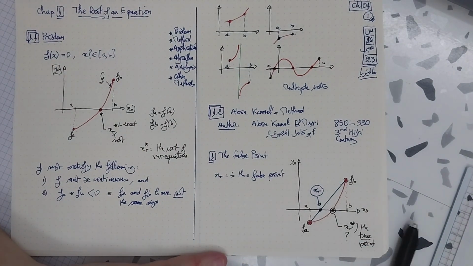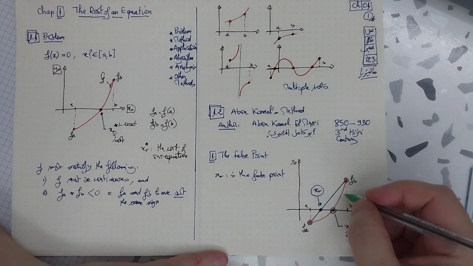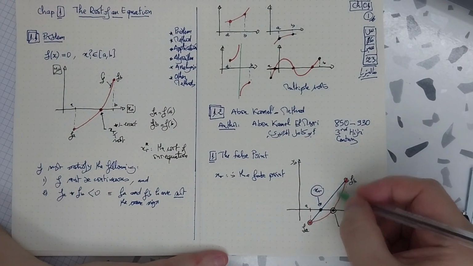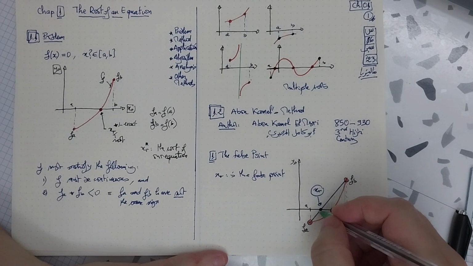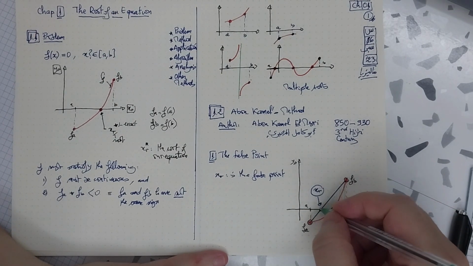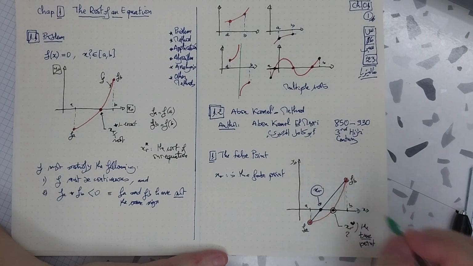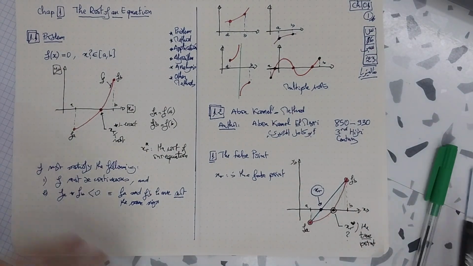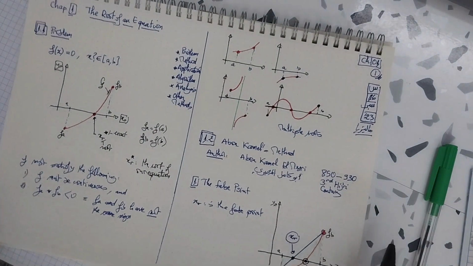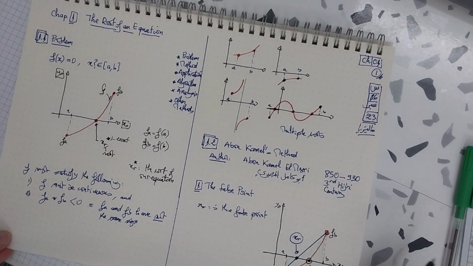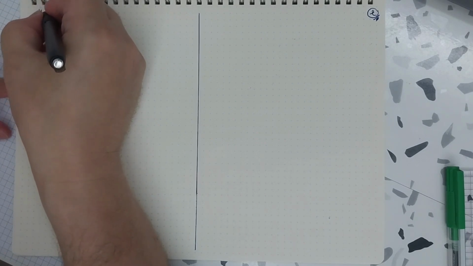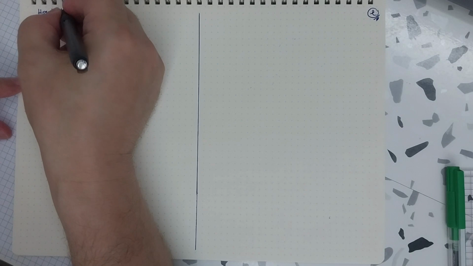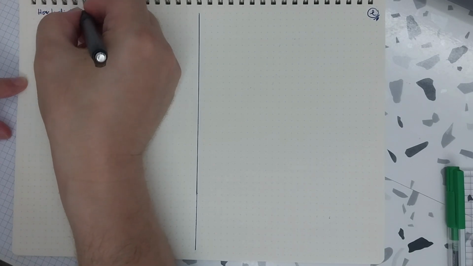How to calculate it? So let's observe the two triangles here between the chord and the x-axis, and the other triangle here, also between the chord and the x-axis, and analyze them. So let's do that in another page. So how to find XR, false point?